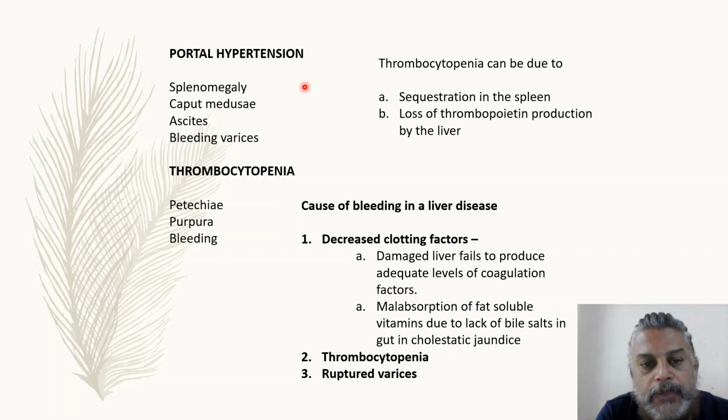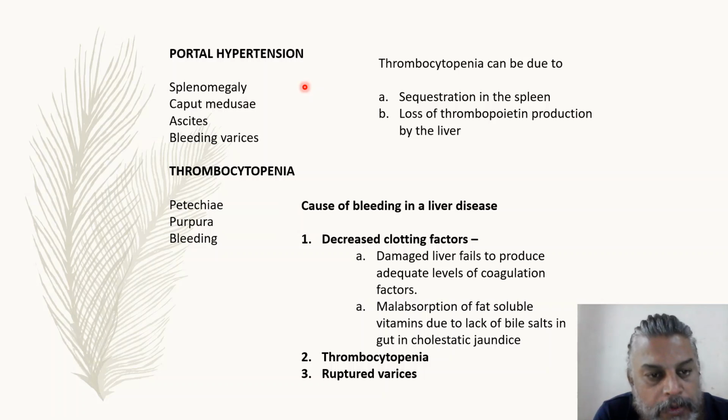If it is more than 12 millimeter, that is raised portal pressure. This raised portal pressure will cause enlargement of spleen because of back pressure. This back pressure will also cause caput medusae, that is the opening of portosystemic end arteries.